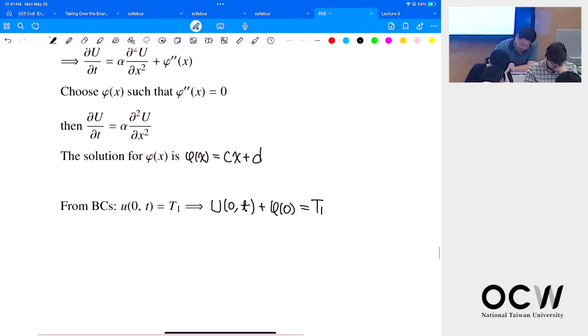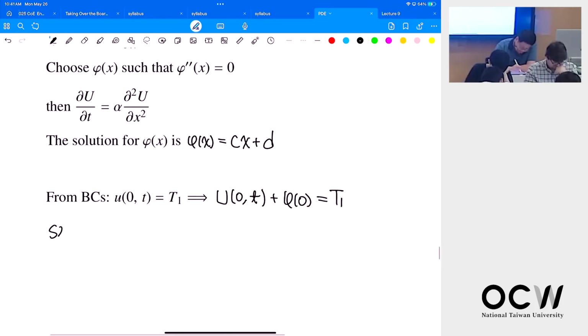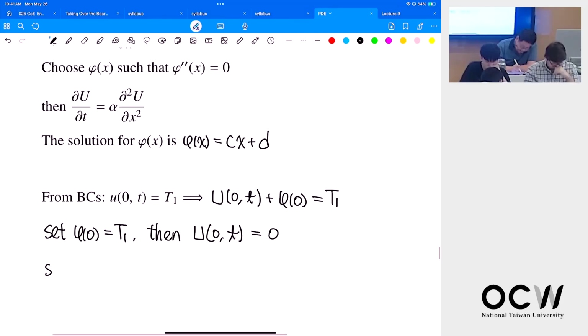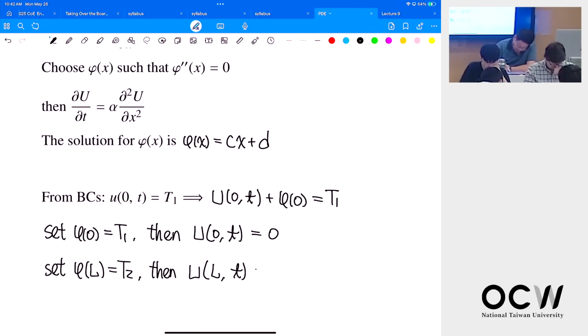So in this case, we can set phi of 0 equals T1, which means U of 0, t equals 0. That is what we want. Similarly, we can also set the other boundary, phi of L, equals T2. Then the U of L, t will also be 0.